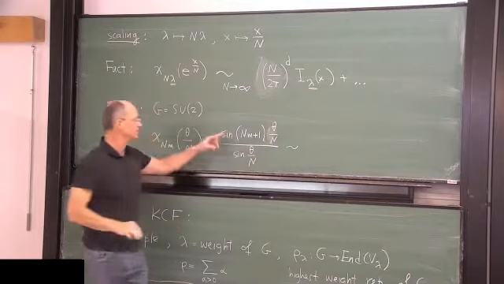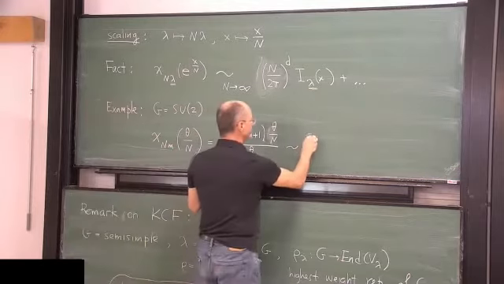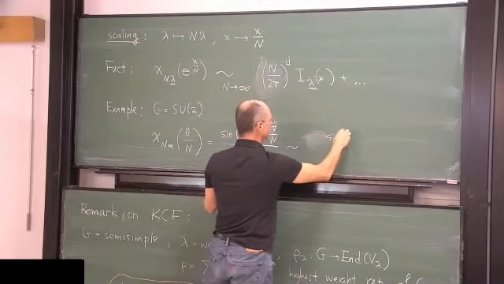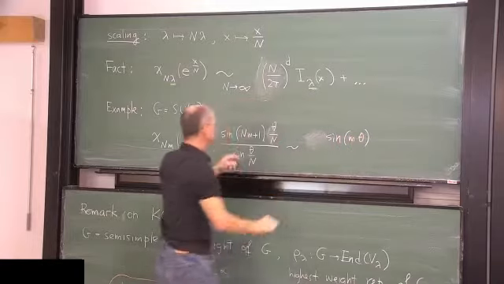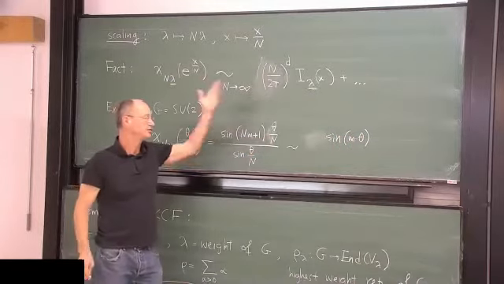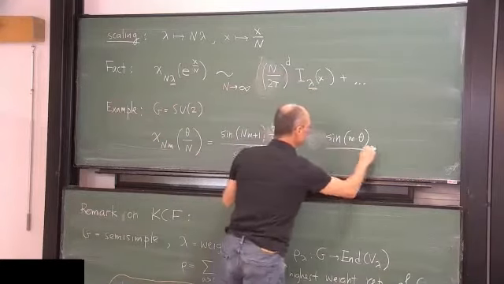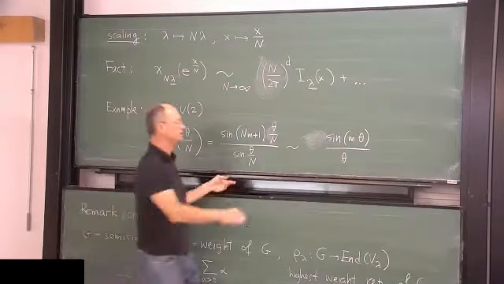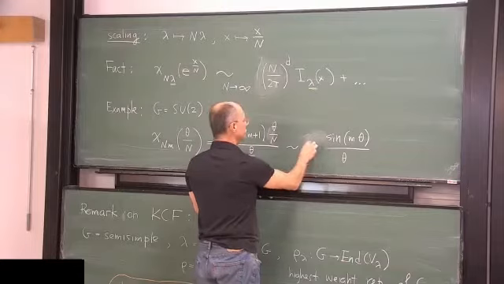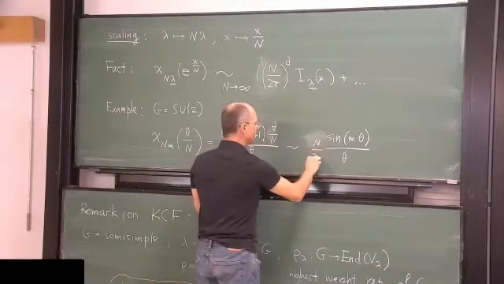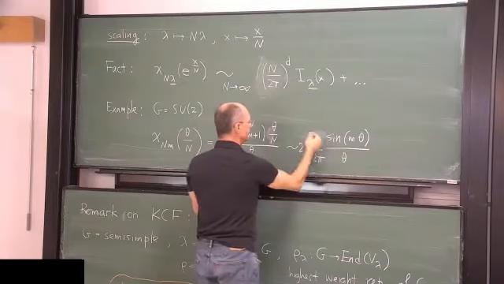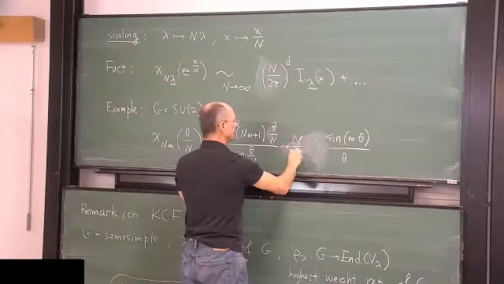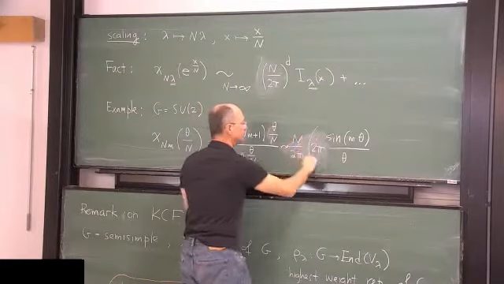So as you see, when N is large, it behaves in the following way. In the numerator, you will have sine of m theta, because this other term will eventually die out. It will be divided by theta, because sine of theta over N will be approximated by theta over N. And this will be times N. I divided by 2 pi and I multiplied by 2 pi.